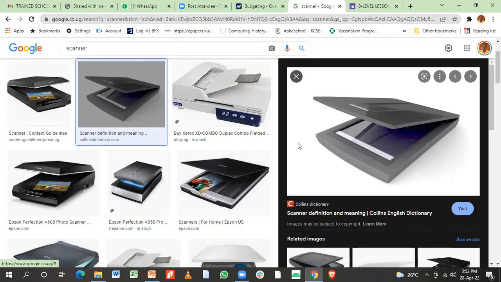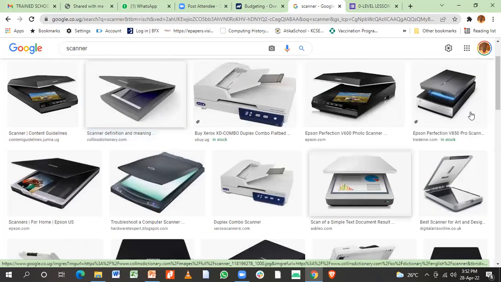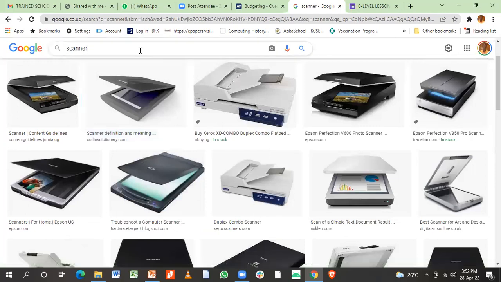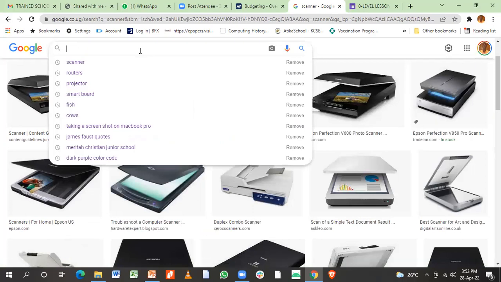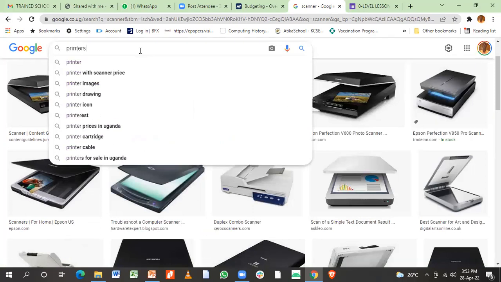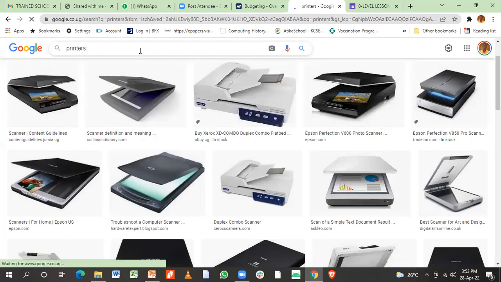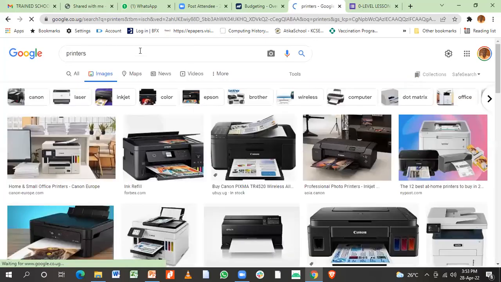Okay. I think we've been able to discuss a number of devices, and I want to bring out some of the devices that we talked about earlier on. We talked about a printer. Your school could be having any of these categories of printers.